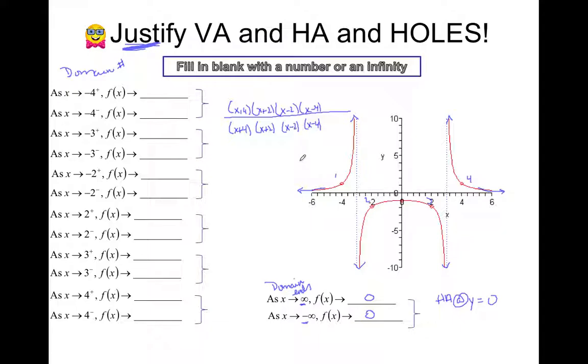The only way to get a hole in a rational function is if you have factors canceling out. So what about the vertical asymptotes then?